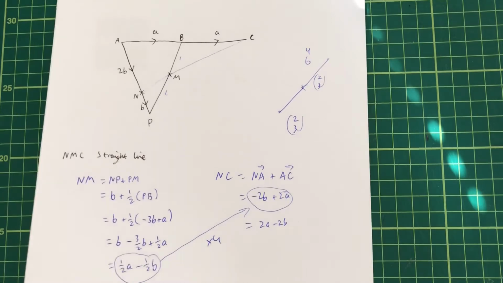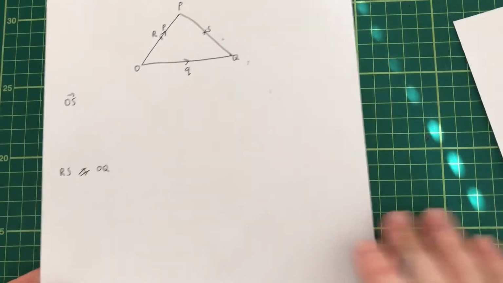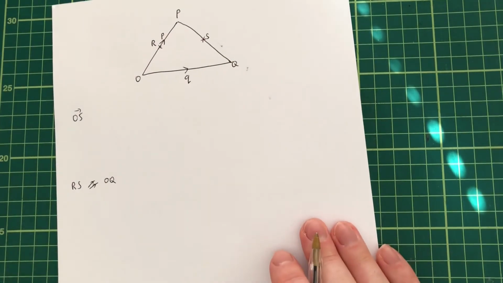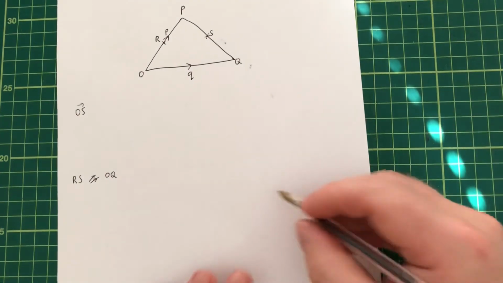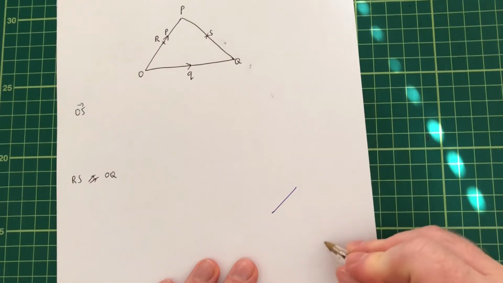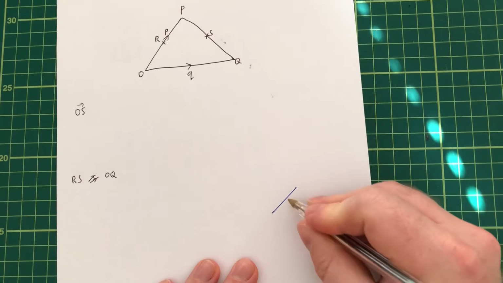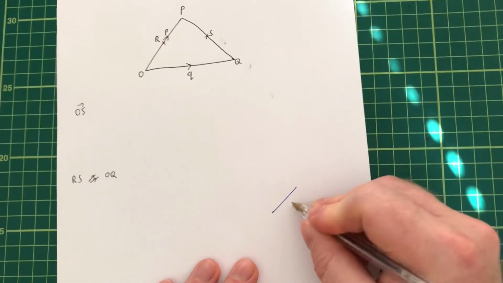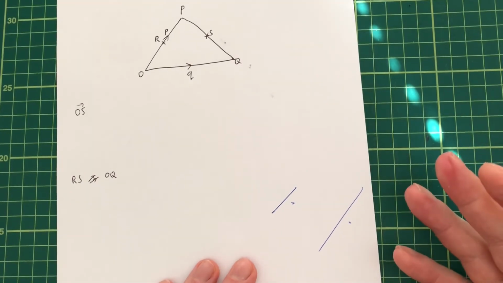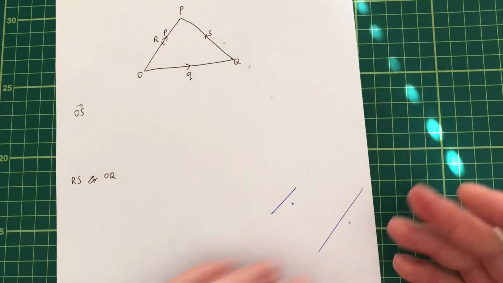One other type which is similar is they will ask you to prove that something is parallel. Same thing. If you've got a line vector there and then you've got a vector over here, as long as this is a multiple of this, you've proved it's parallel. It's going to be in the same orientation.